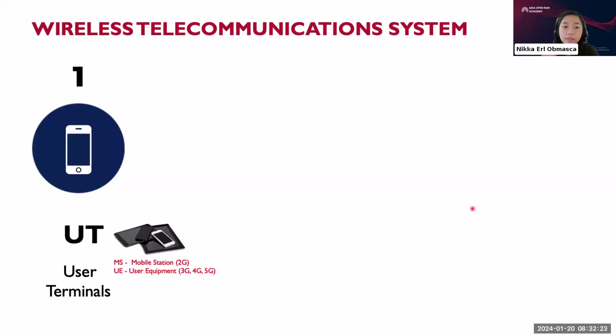If your gadget or device is a 2G capable device, it is called a mobile station. And if your gadget or device is a 3G, 4G, or 5G capable device, it is called a user equipment. So if you're talking with your co-engineers, you can say, oh, let's buy a new user equipment. And normal people just call it cell phones.